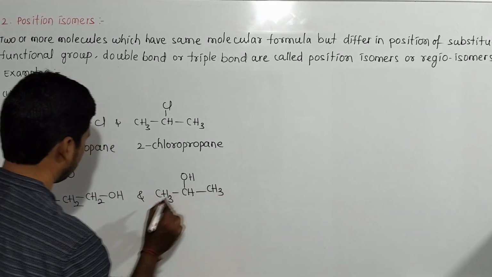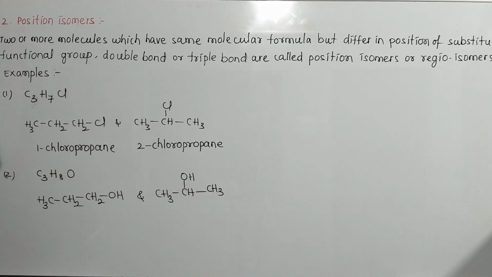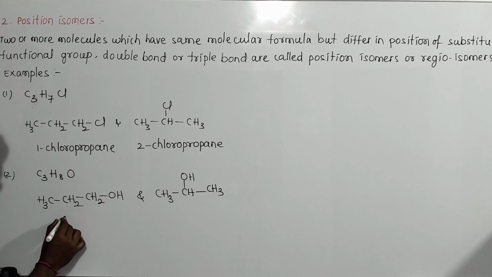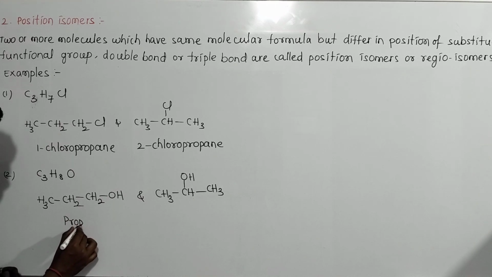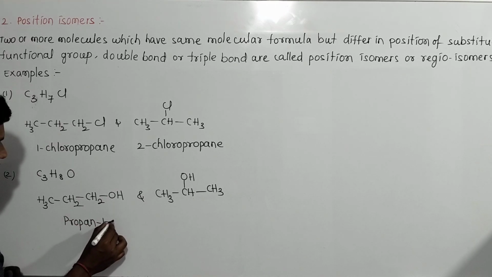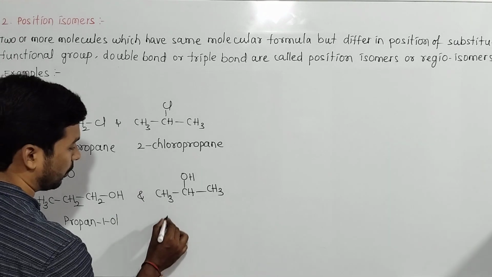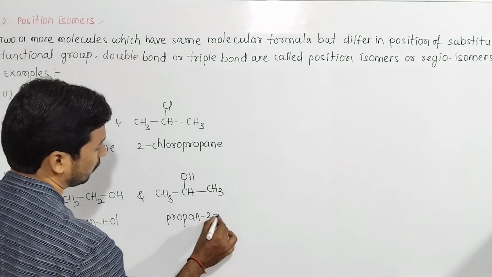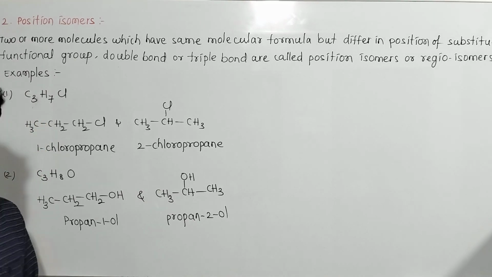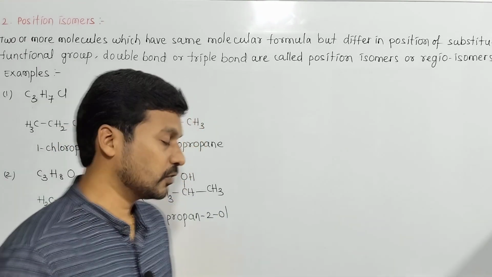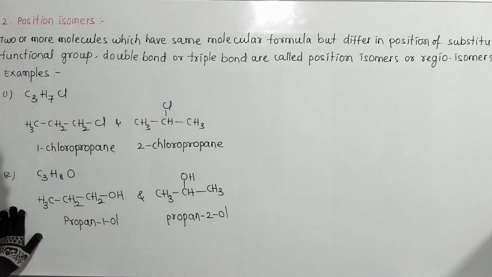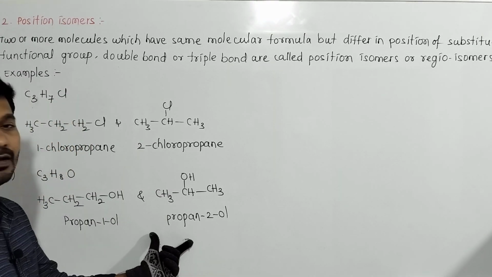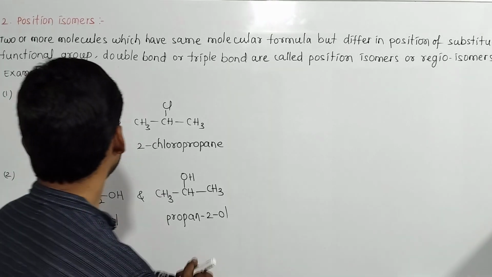Here the functional group is on the first carbon of propane, there the functional group position is different. Propan-1-ol and propan-2-ol differ by position of functional group. Okay, these two are isomers. Here substituent position is different, here functional group position is different.